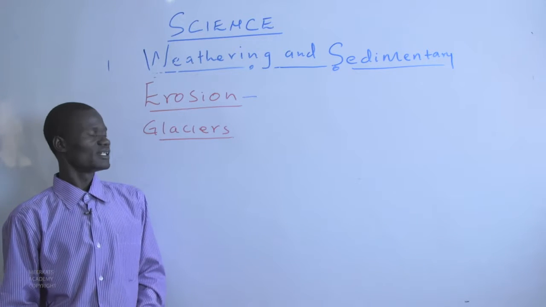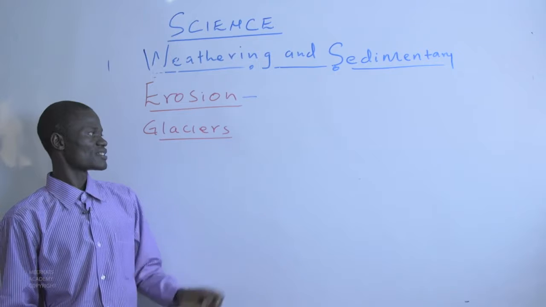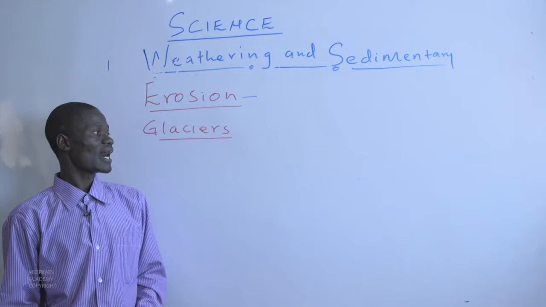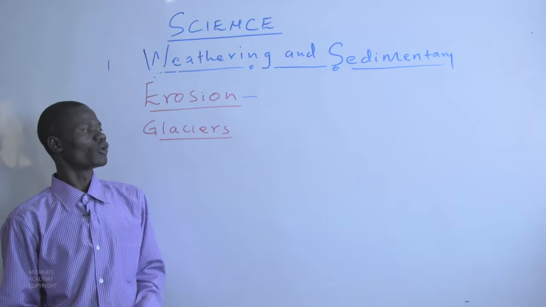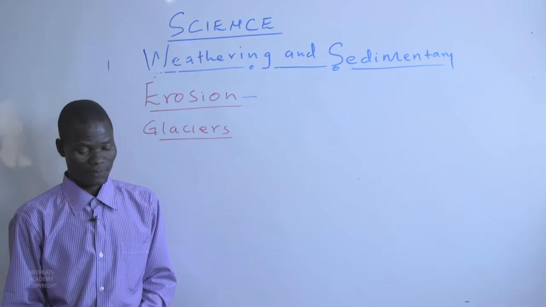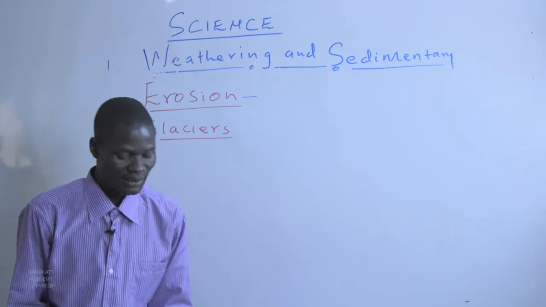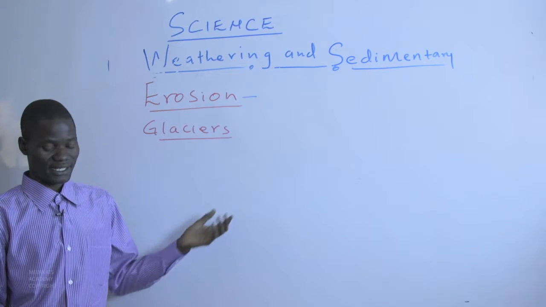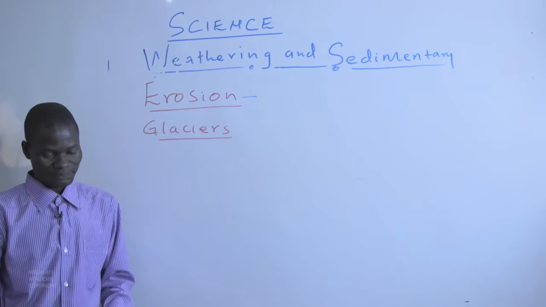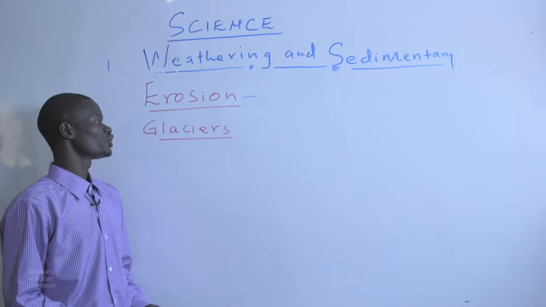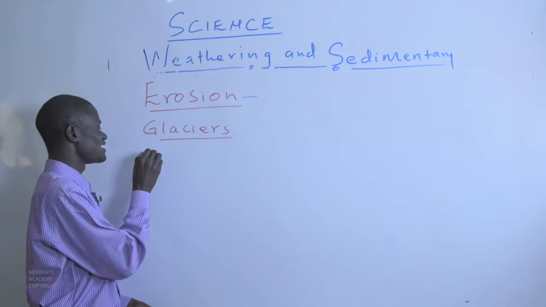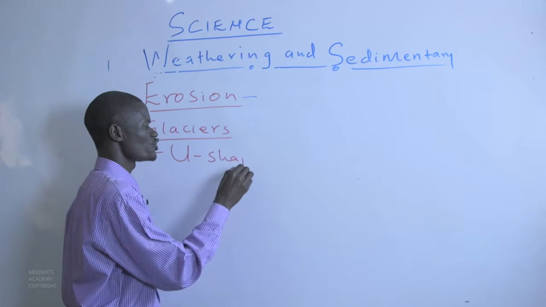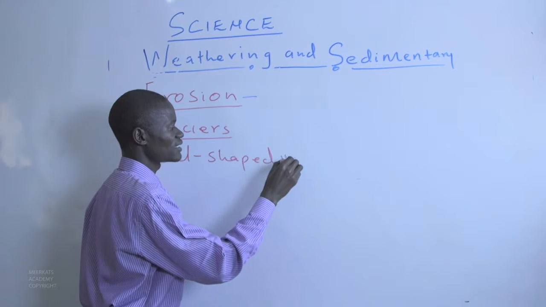A glacier is a large mass of ice that is formed and may float on water bodies. Therefore, during erosion, the glaciers, especially in glaciated highlands, carry out erosion, leading to the formation of U-shaped valleys.